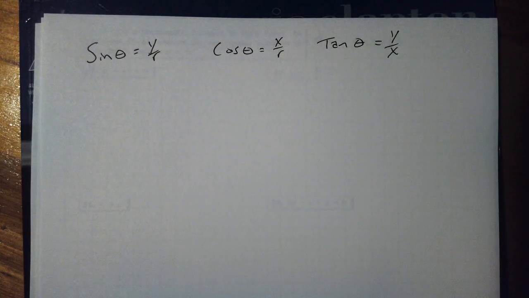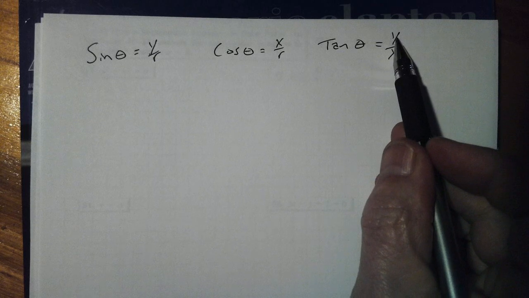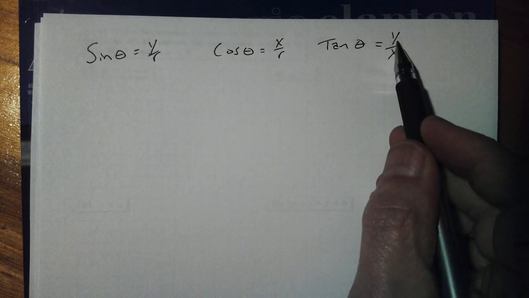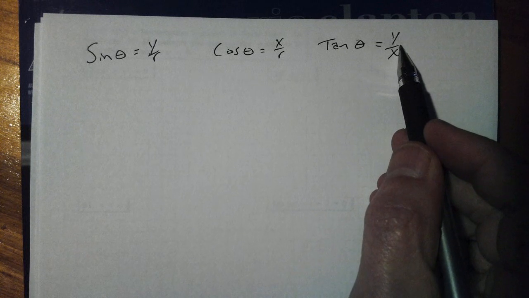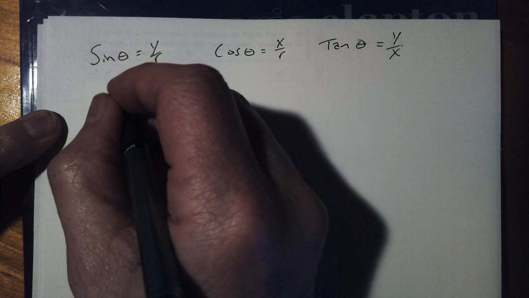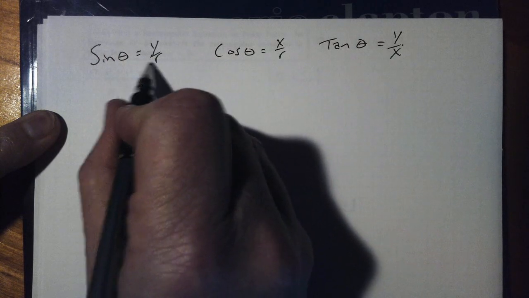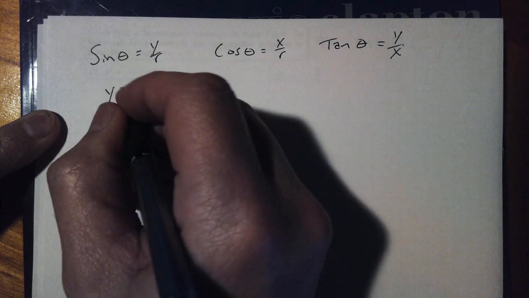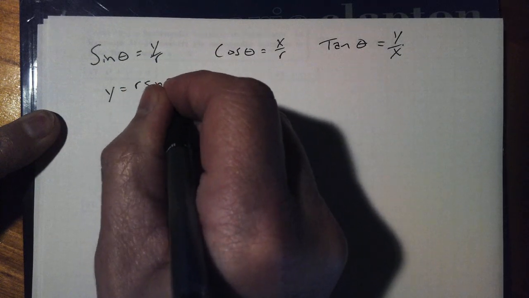Therefore, if I'm given an equation in rectangular form that's, let's say, 3y on x, well, 3y on x could just be converted to 3 times tangent of theta. But more often than not, we're going to use these ones where if I cross multiply this, I get y equals r times sine of theta.